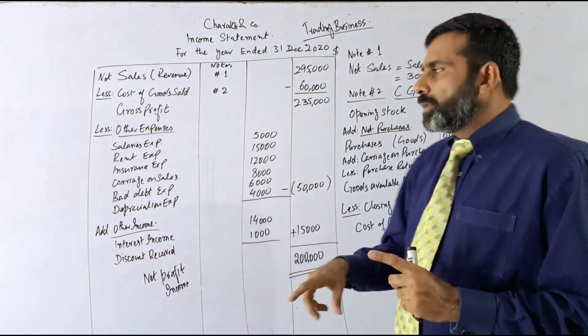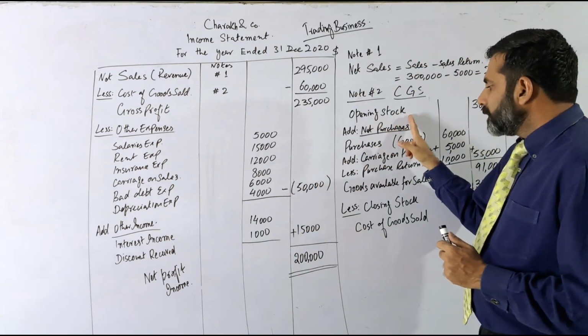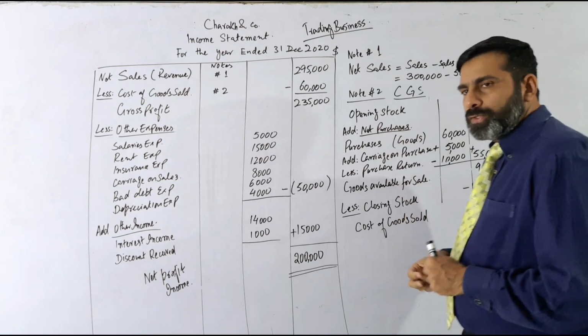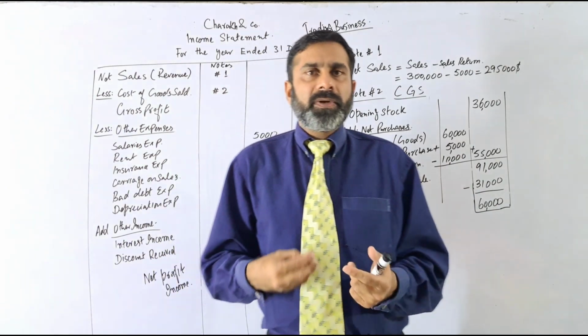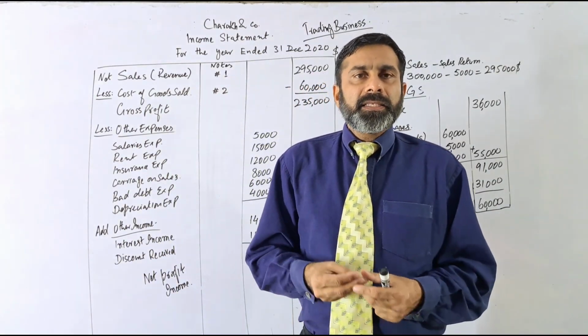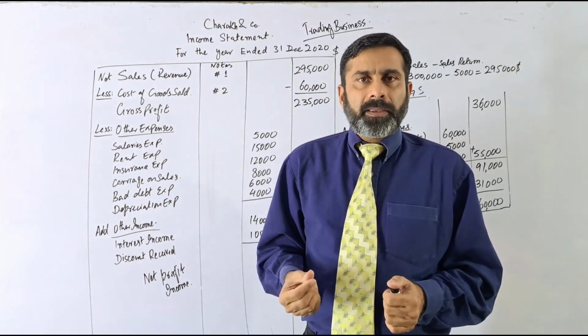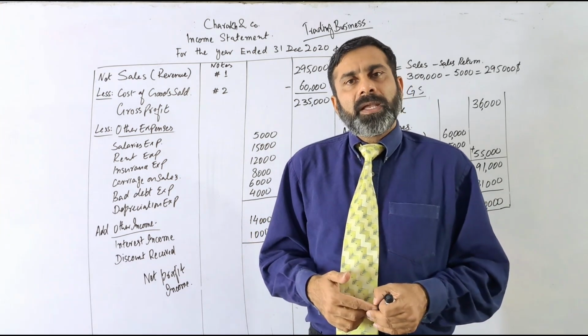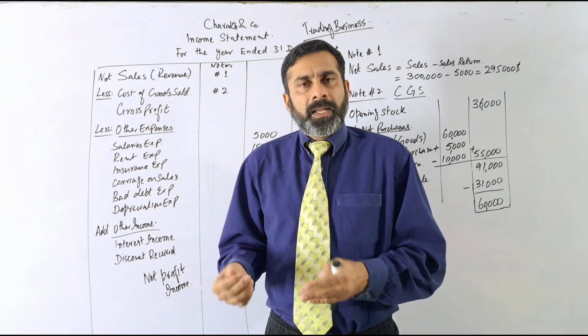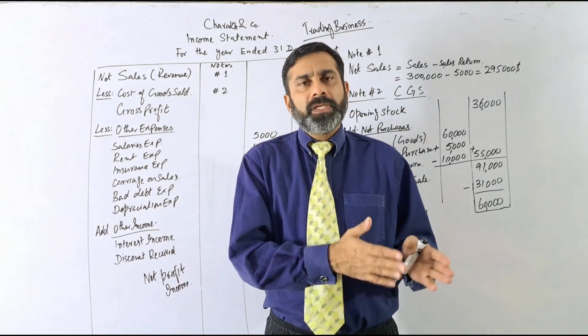So here we have 2 things: the concept of the opening stock and the concept of the closing stock. First of all, what are purchases, or the goods purchases? Any stock which the business is buying. It's a garment business, so they are buying garments, and the same garments they are selling to the customers.